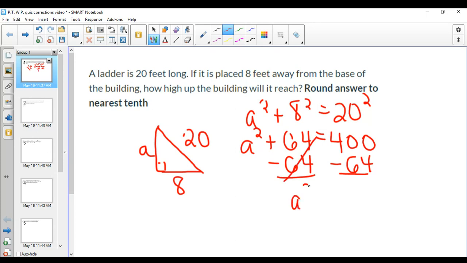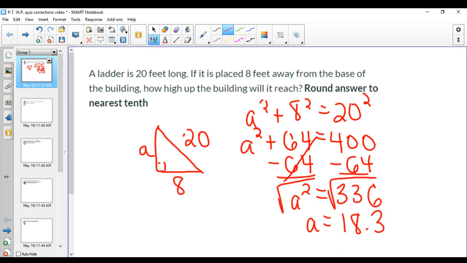Those are going to cancel out. We have A squared left on that side, and on the other side we have 336. Now we need to find the square root of both sides. And so for A, we get 18.3 as our rounded answer.